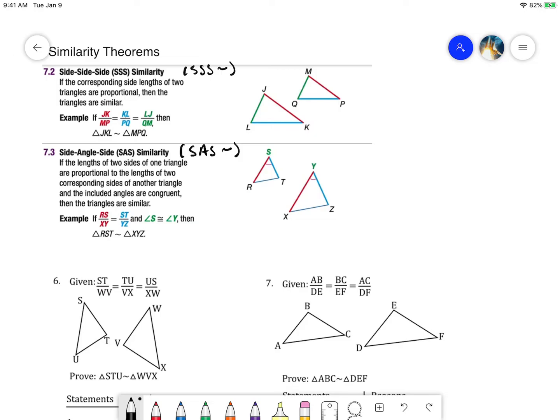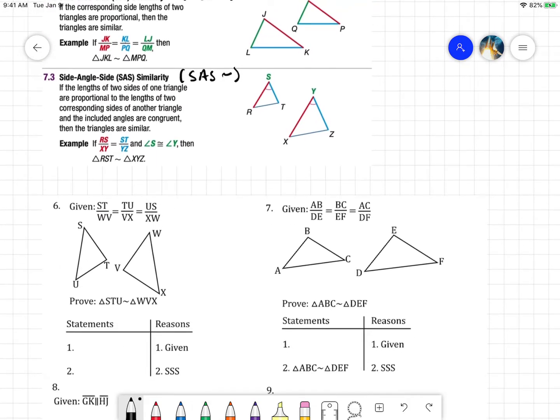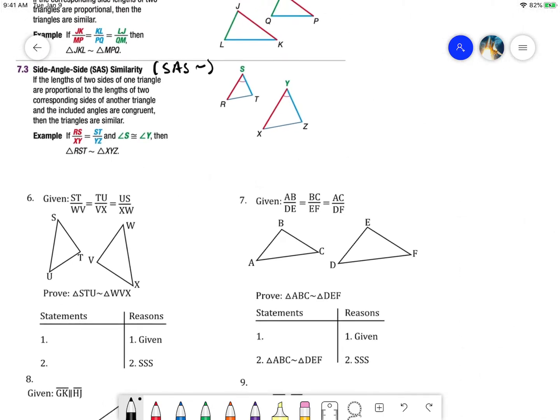All right. So I have a couple of proofs here. We're going to do 6 and 7 first. We're given a lot of the key steps of the proof, and then we want to complete it.